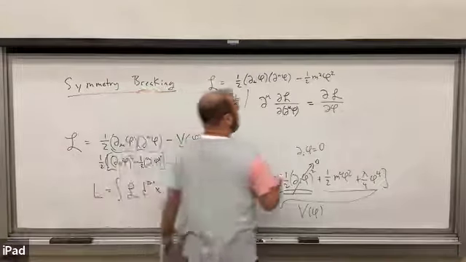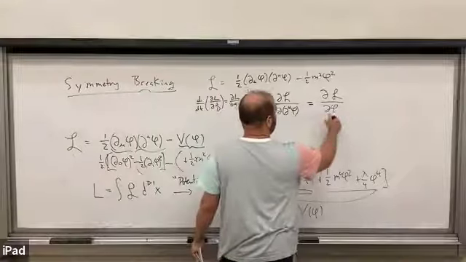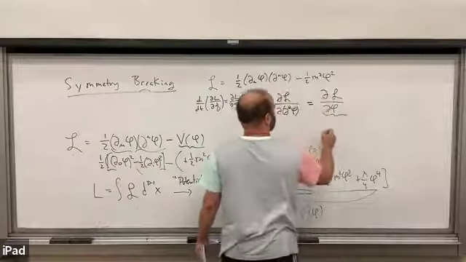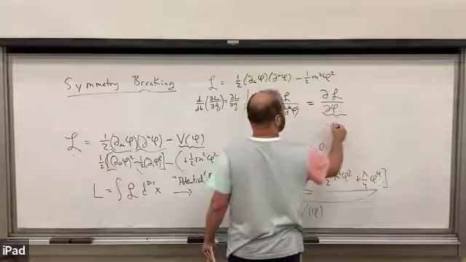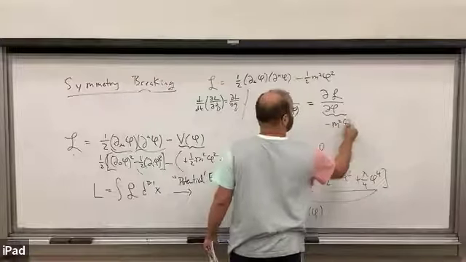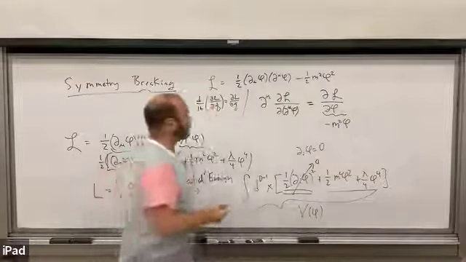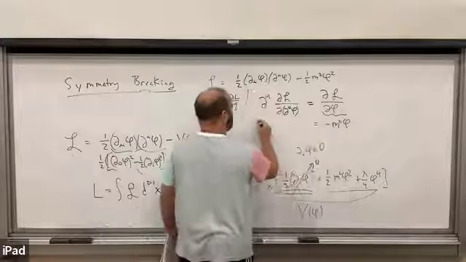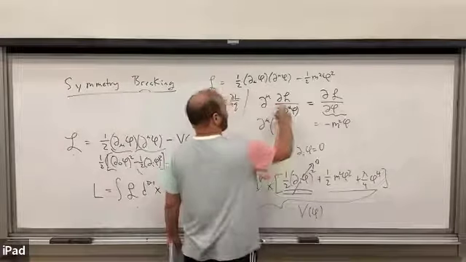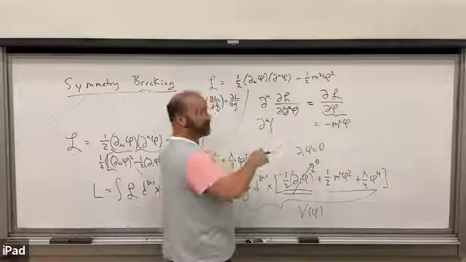Okay, let's take a look at this. Well, this is the easy part to figure out. If I take a look at this, this is basically just going to be minus m squared phi, right? And this is going to be, okay, you have to juggle the indices a bit, but let me not worry too much about that.